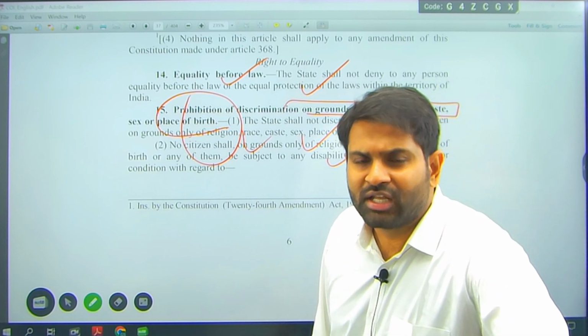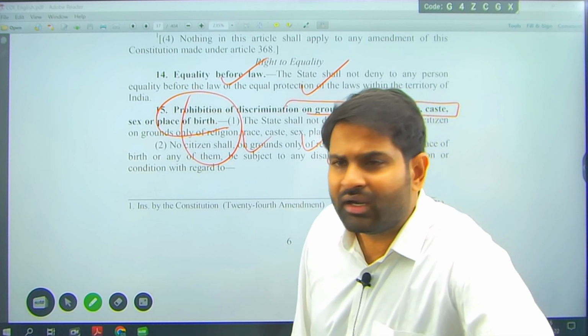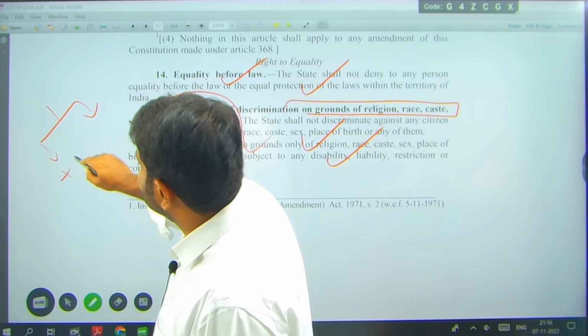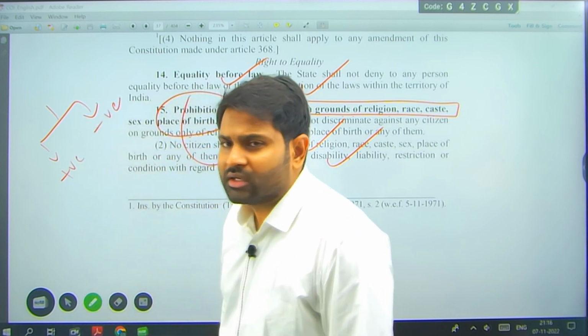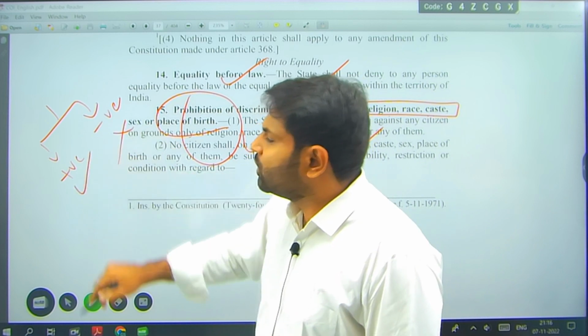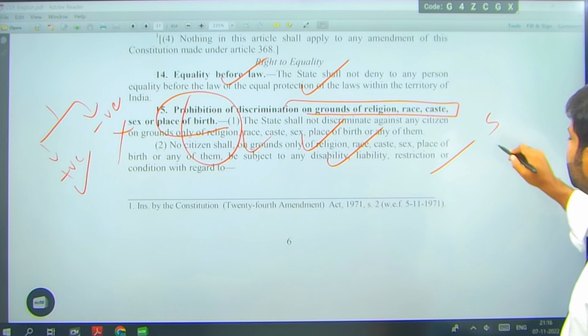Prohibition of discrimination. There are two types: positive discrimination and negative discrimination. Here Article 15 is saying that you should not have negative discrimination, you can positively discriminate. Whom can we positively discriminate? Socially, educationally, economically backward people.